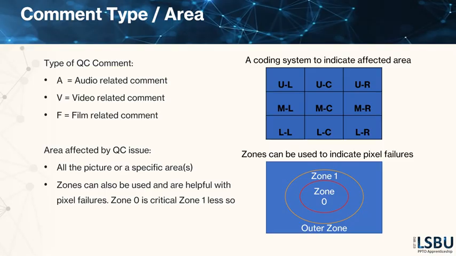So if you were in a rush and you had some dropout in that area, you may say, look, we haven't got time to fix it, it's not that annoying, we'll let it go. Whereas if it's in MC or in zone 0, it's going to be much more annoying, much more visible. So even if you're in a rush, you might say, right, okay, look guys, we need to fix this because the quality isn't high enough. So it's useful in determining the annoyance level of the artifact, as well as explaining to someone in your QC report where that artifact might be.